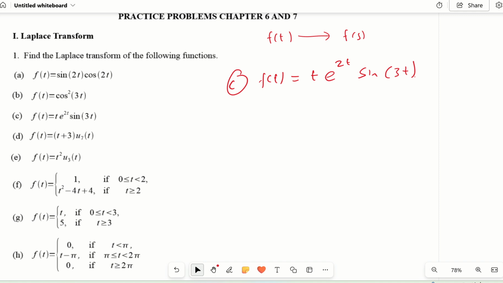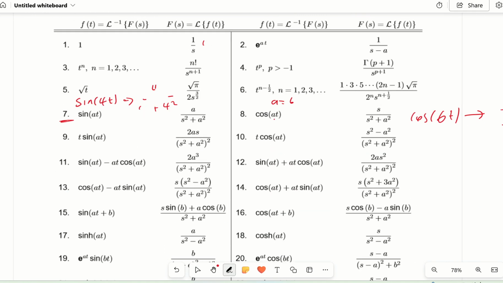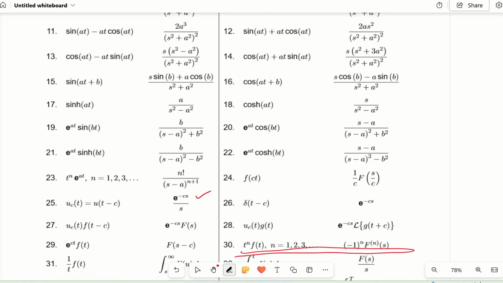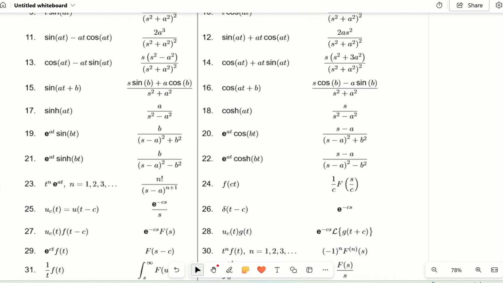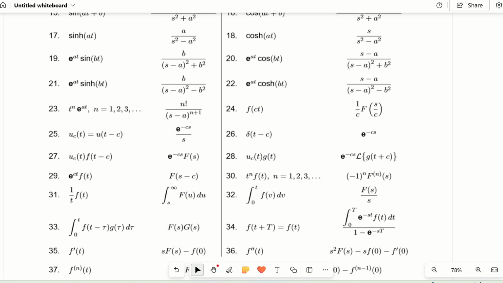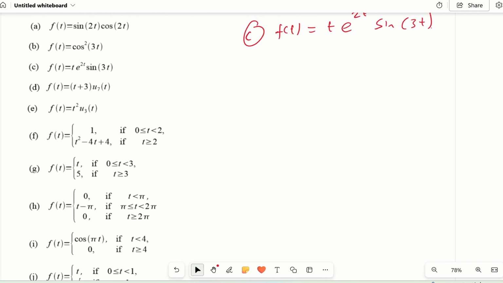So we need to find, let's go to our table and find ways we can solve that problem. So as you can see, we're going to use this one, and I'll show you why we're going to use that one. So let me write that rule here.